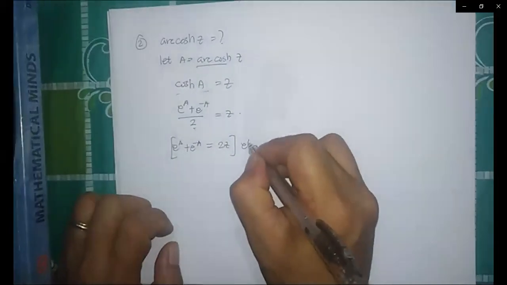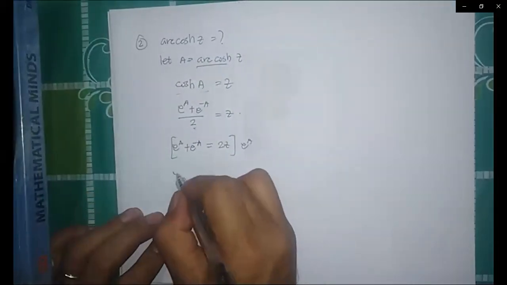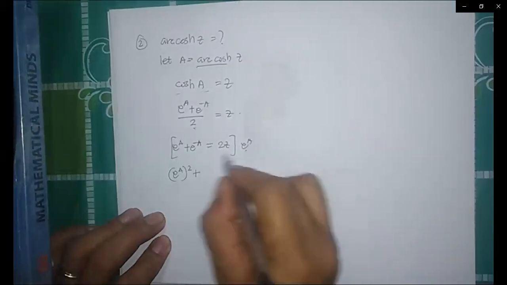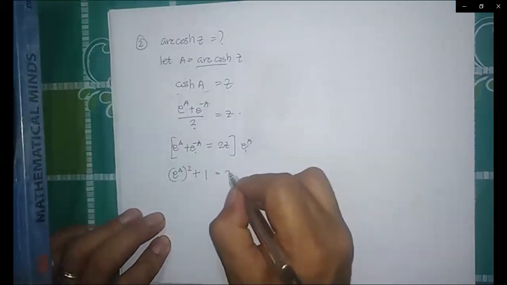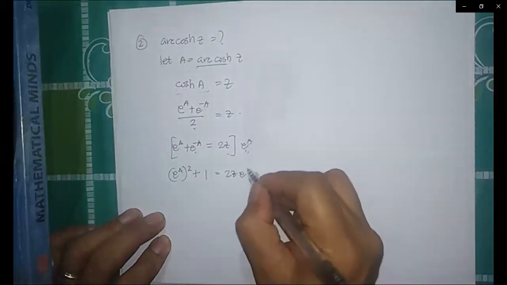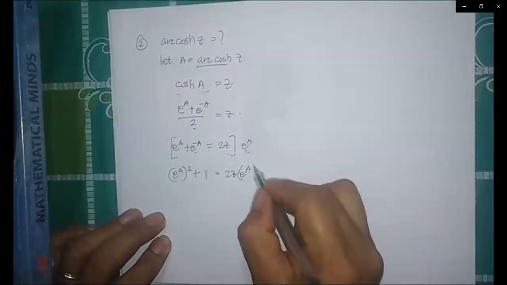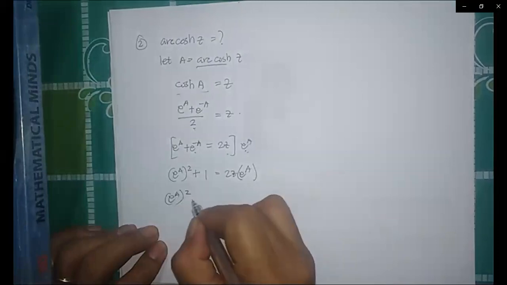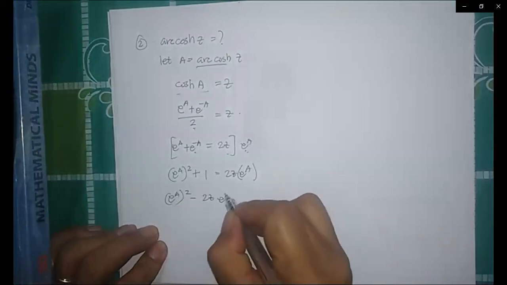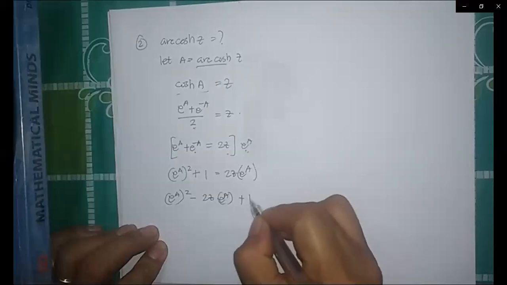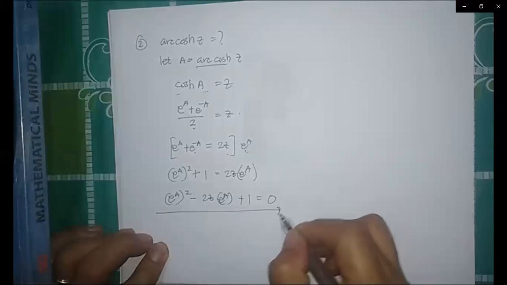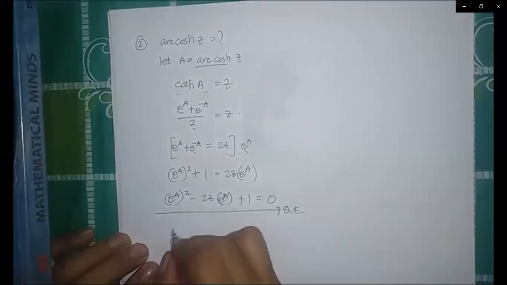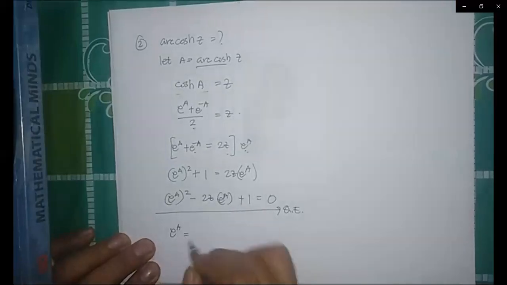Now, multiplying this equation by e raised to a, this will be e raised to a quantity squared plus 1 equals 2z times e raised to a. Now you have a quadratic equation. If we rearrange the quadratic equation and equate that to 0, we have a standard quadratic equation of e raised to a.